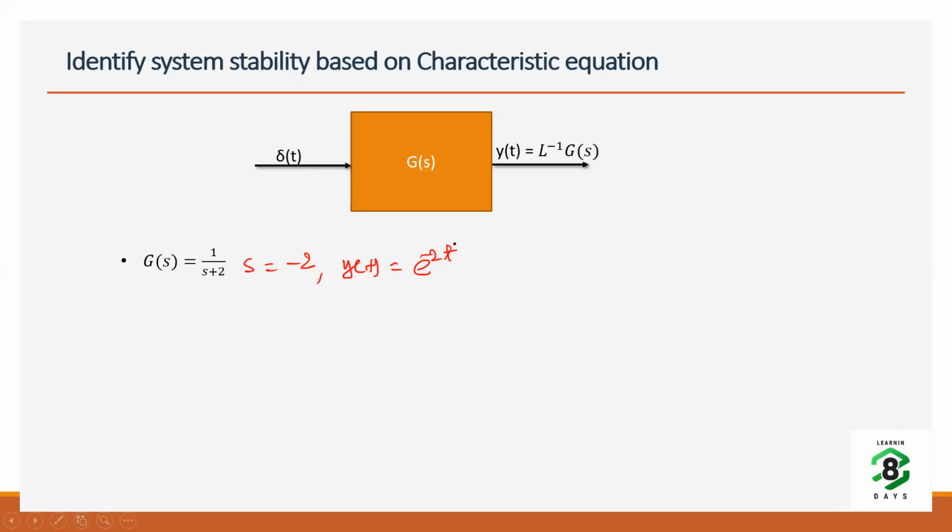That means at t equal to infinity, the impulse response goes to 0 and the system will be stable. That's my conclusion. But if you have 1 by s minus 2, that means s is equal to +2, it will start growing, and even a first order system can be unstable.